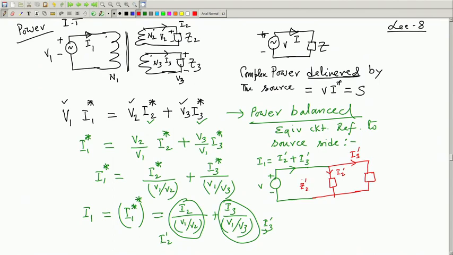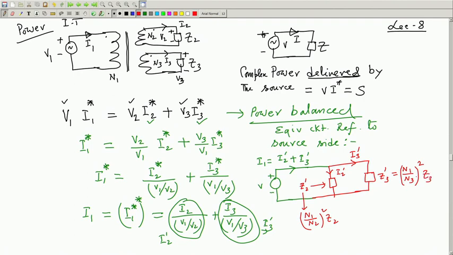as this one I will write as N1 by N2 whole squared into Z2, this impedance, and this impedance, reflected impedance on the primary side, I will write as N1 by N3 squared into Z3.